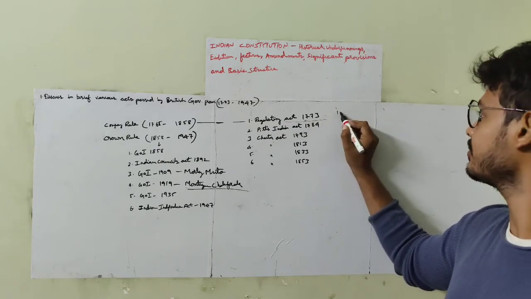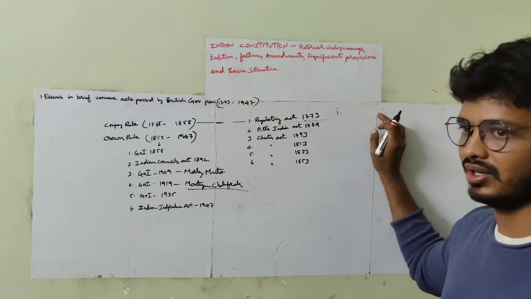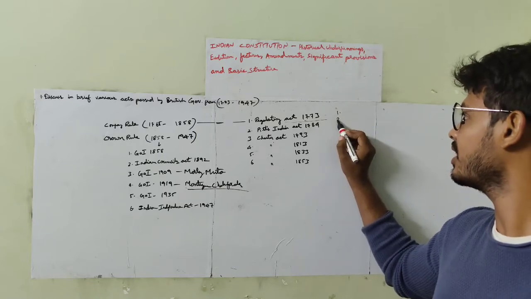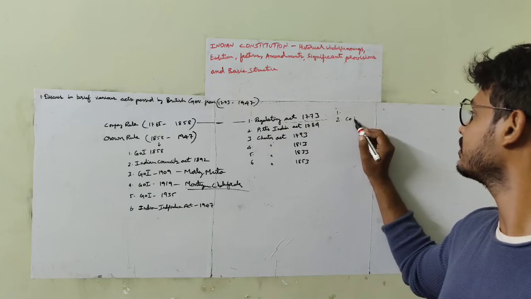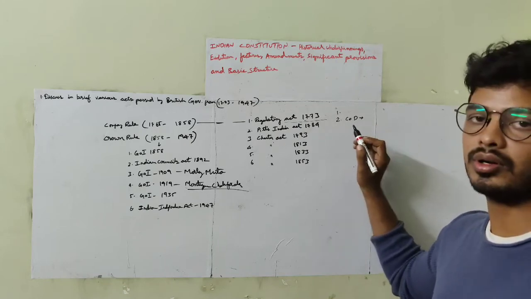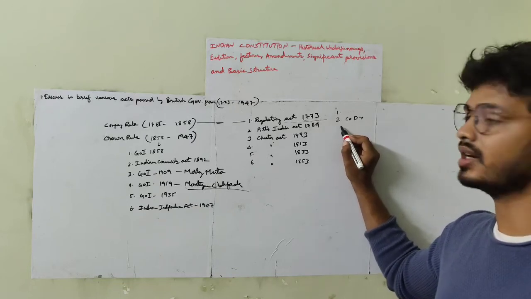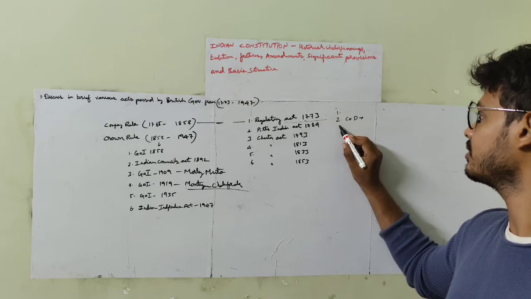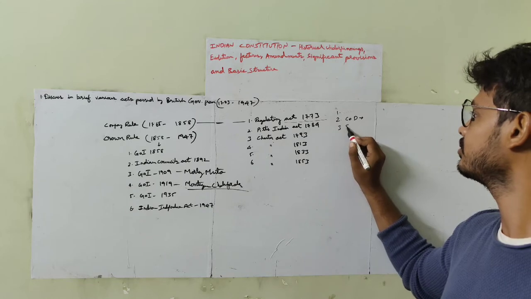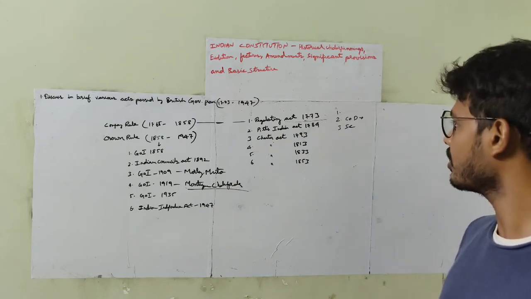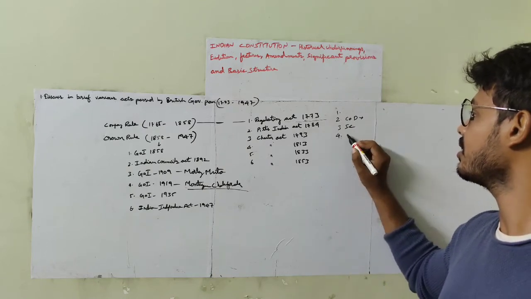The first is that this was the first act passed to regulate the British East India Company, and they created a body called the Court of Directors to look after the administrative affairs. The Supreme Court of India was also created through this act. And they created a Governor General of Bengal.